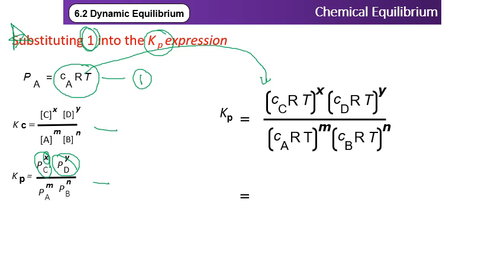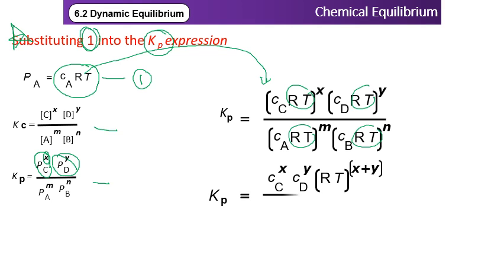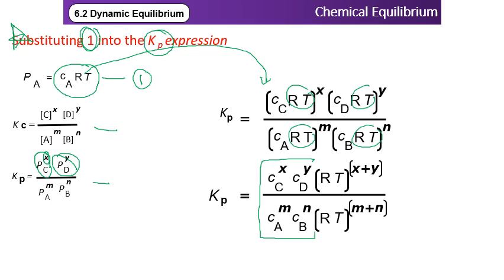Next, we are going to factorize because we notice RT, RT, RT are similar. Once we factorize, this will be the expression that we get. Now you will notice this part is similar to Kc.